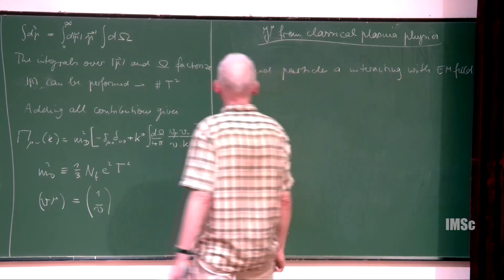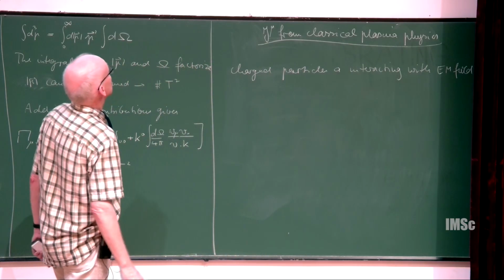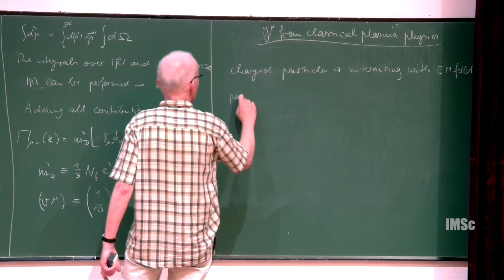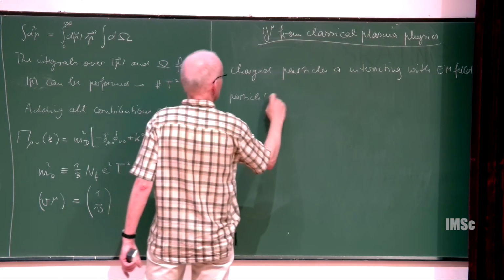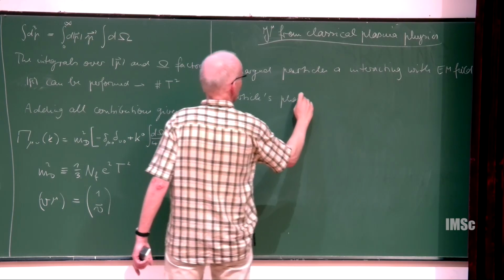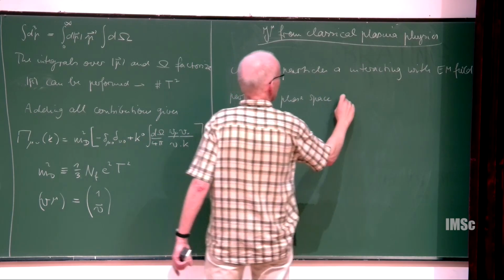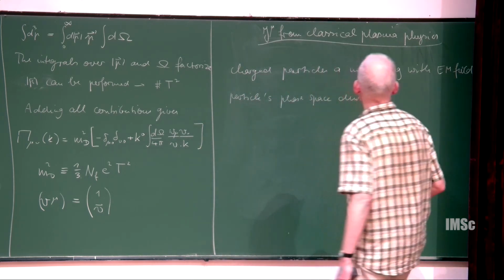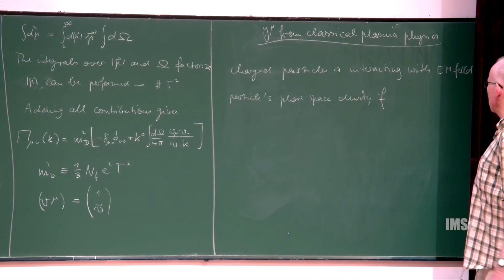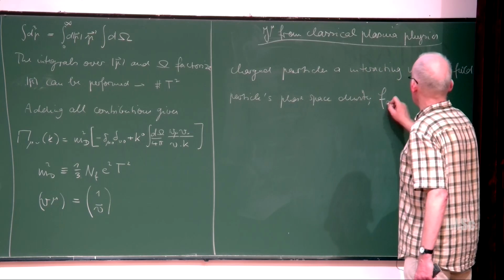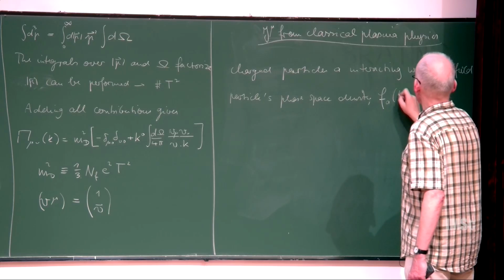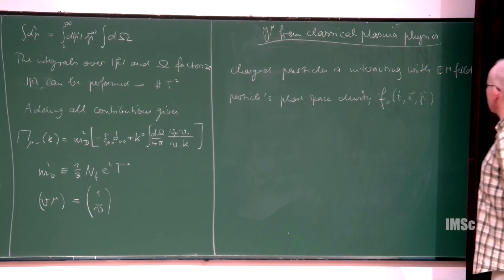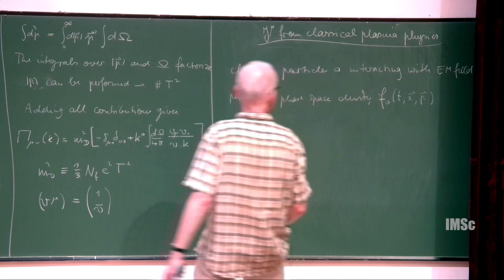Okay. Now the particles are described by the phase space density. Before we had the Fermi-Dirac or Bose-Einstein, now it's some general non-equilibrium distribution, which depends on time and space and on the momenta p.